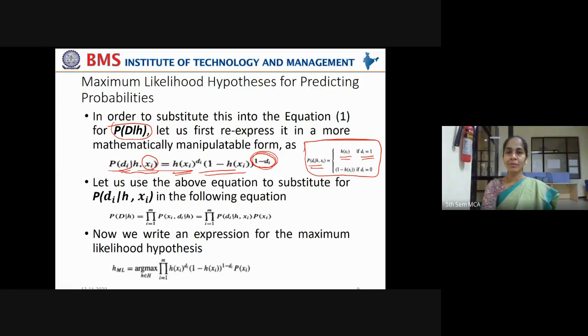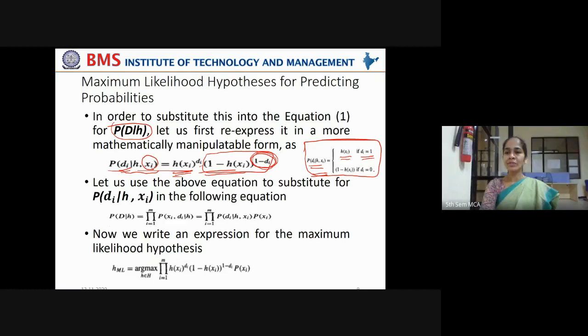The power will become 0, so this entire term will become 1. So the probability when di equal to 1 is h of xi, since this power becomes 1. So whatever I have represented in this box, we are representing in a more comfortable format.